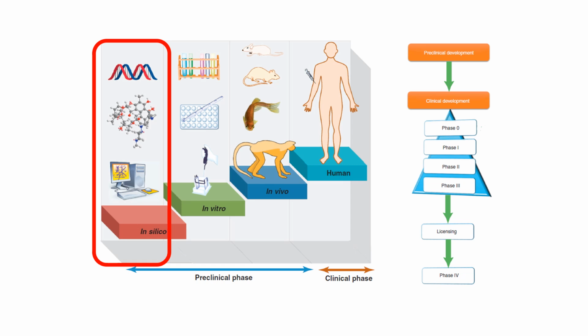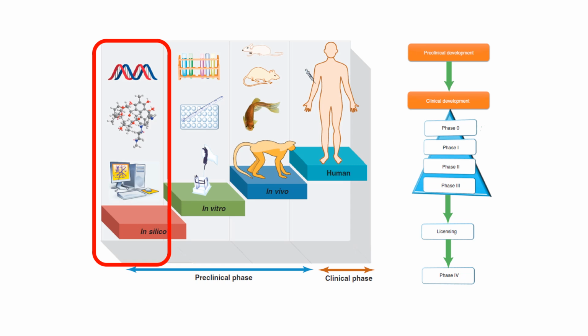If the molecules are promising, they can be tested in vivo in different animal models. And if they have plausible properties, they go to the clinical phase of testing on humans.